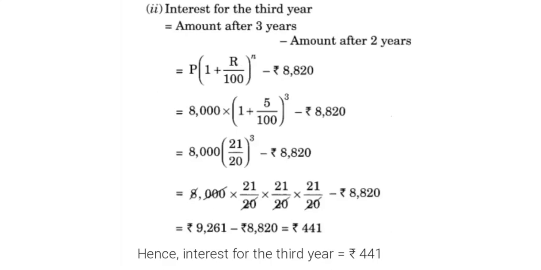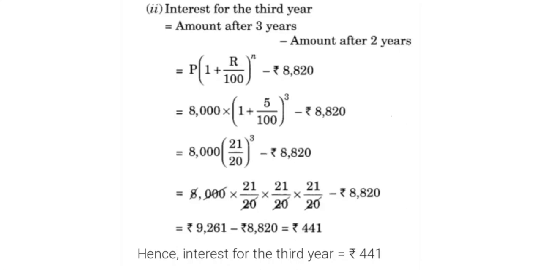See number 2, interest for the third year. So first we will do amount after 3 years minus amount after 2 years. Both the things we will subtract. So amount formula P in bracket 1 plus R upon 100 power is N, and second year already we calculated, that is 8,820. Now put all the values.